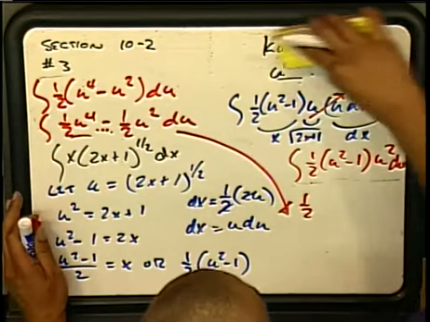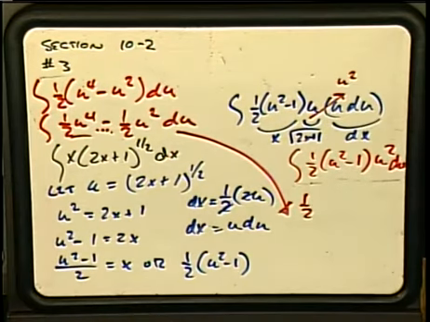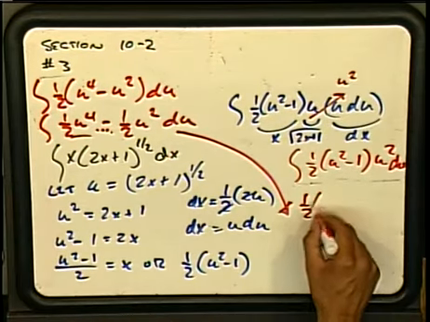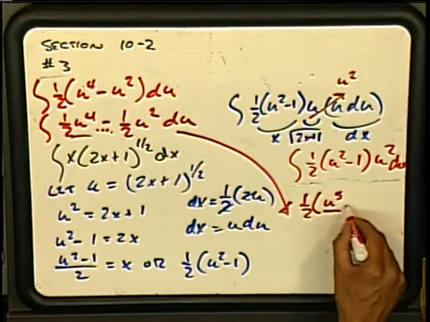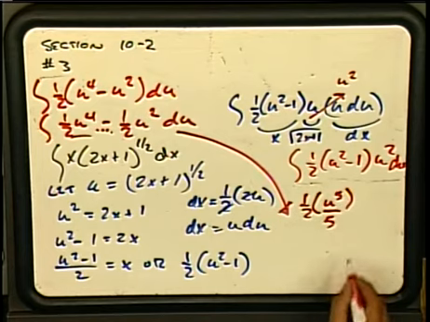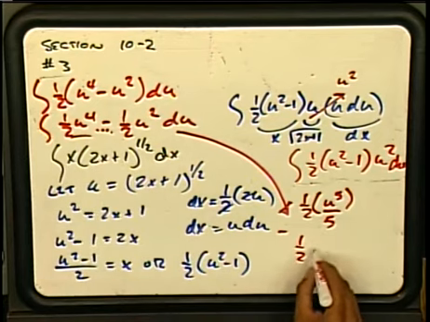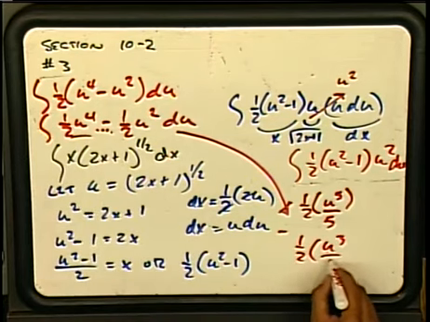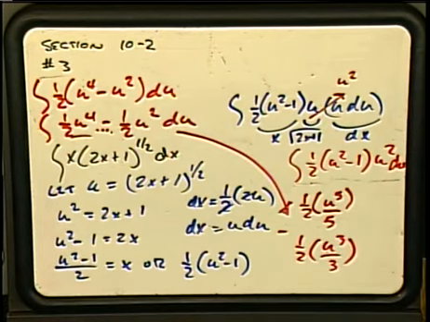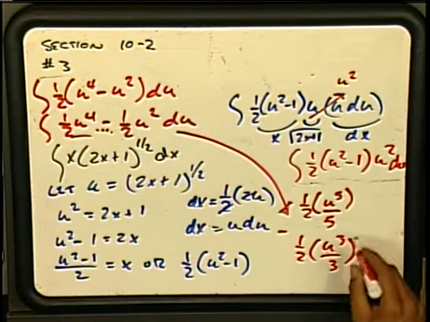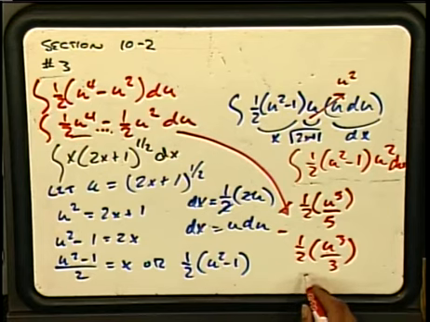Let me erase this. 1/2 u to the 5th over 5 minus 1/2 u to the 3rd over 3. What's this equal?